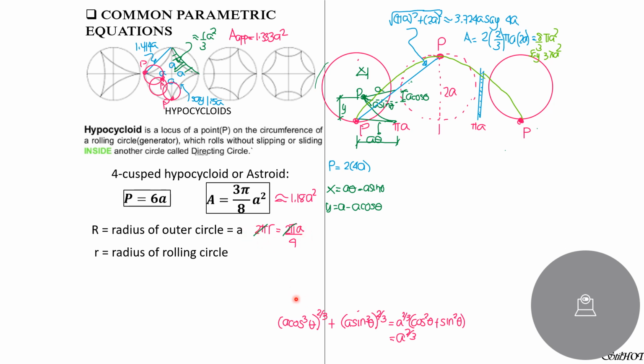Cancel 2 pi. So for the four-cusp hypocycloid, the radius is a over 4. So the equation of that four-cusp hypocycloid is x to the 2/3 plus y to the 2/3 equals a to the 2/3.